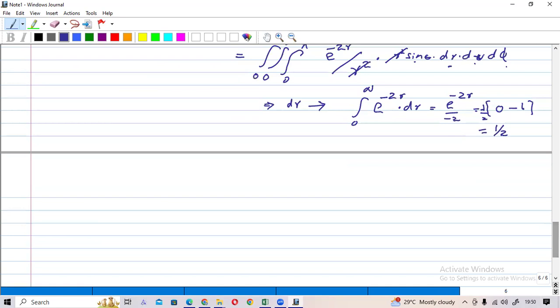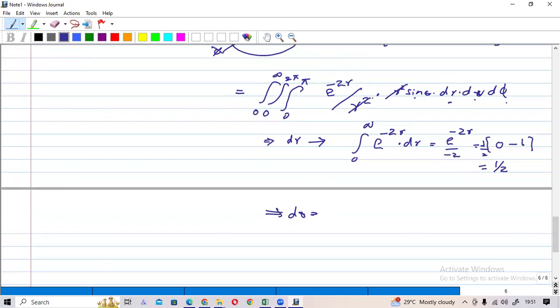Now you are considering theta. If you consider theta, this is a constant, so you can ignore this. This is the variable, sine theta.